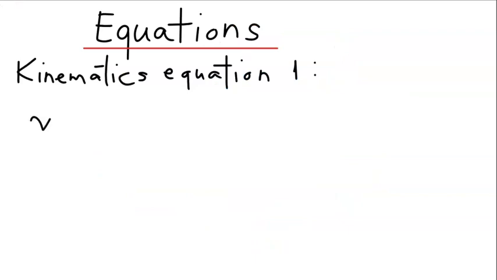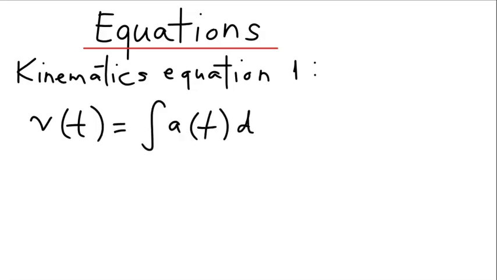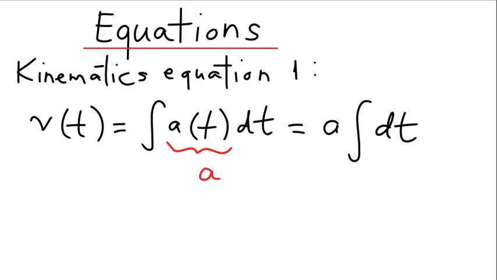So we shall start with the fact that velocity is the integral of acceleration as a function of time. Now we know that for kinematics, acceleration is a constant. Let's call that a. Now this a can be taken out of the integral sign because it's just a constant, so you get a dt. By integrating this, you simply get at plus an integration constant u.